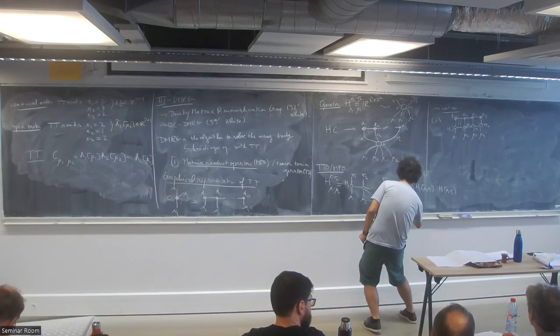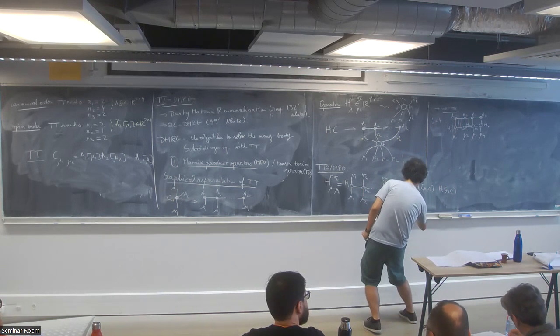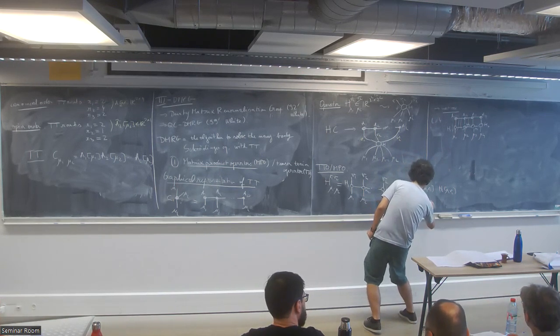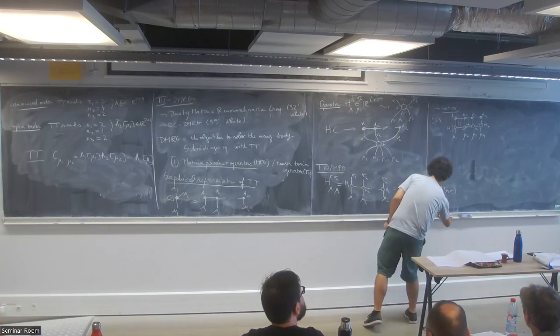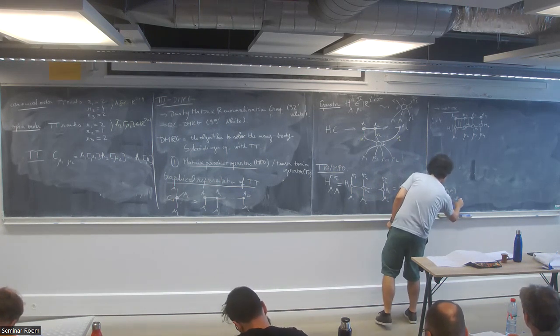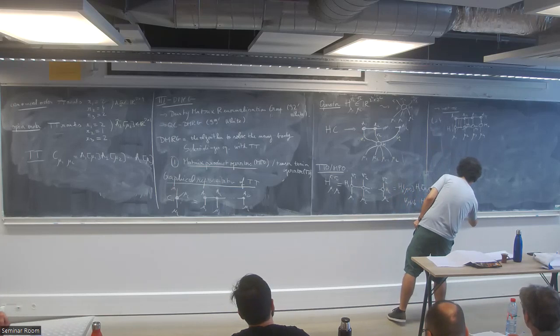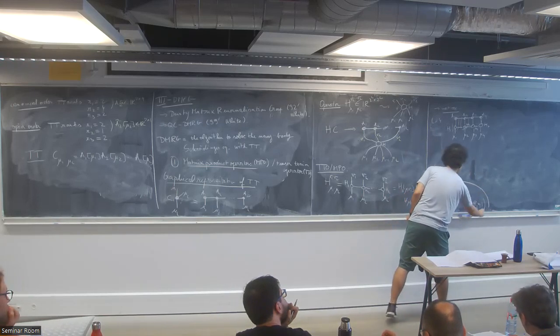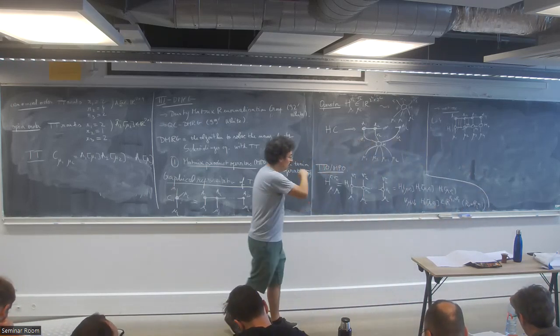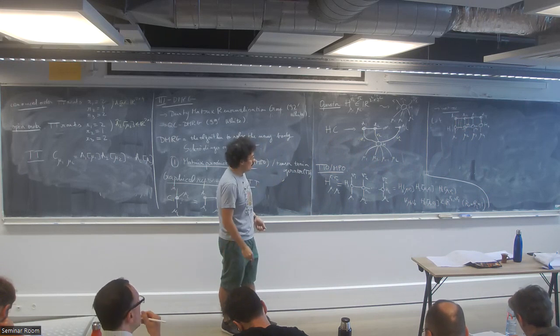And then for all mu k, everything is a matrix except the first and the last one, which are row and column vectors. Okay.